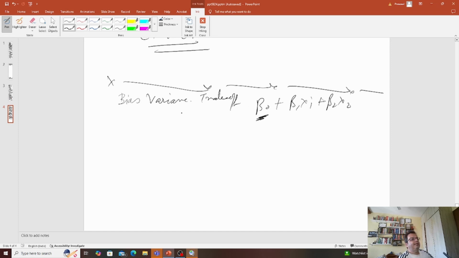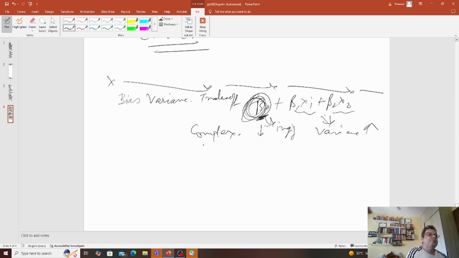But here right now what we are trying to say is that if your model is complex, if it has too many values, then the bias is going to become smaller and smaller or insignificant, but then your variance is going to be very, very high. Okay, if it is a complex model.